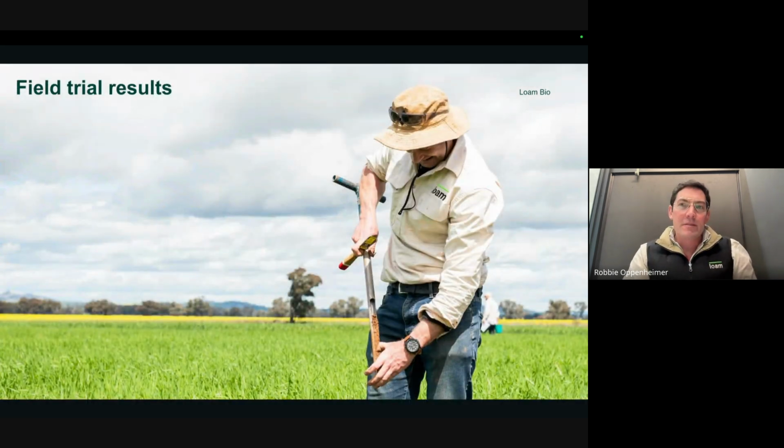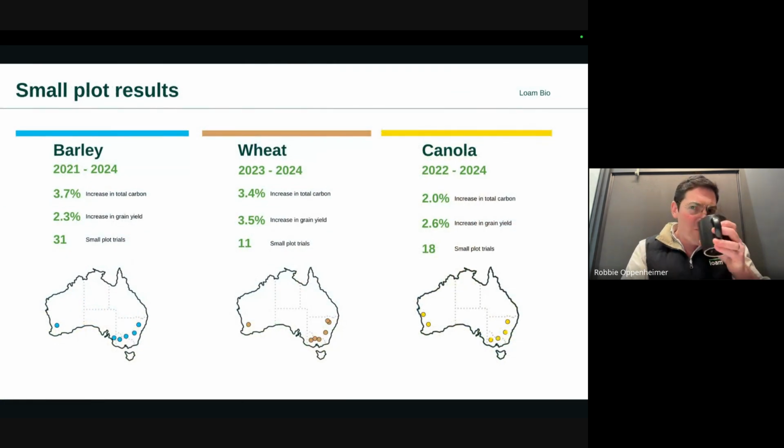I'm going to shift gears now to go from some of the work from academic partners to some of our own field trials and specifically what that looks like for carbon. I mentioned early on that there were over 60 small plot trials in locations across Australia. This is a summary.